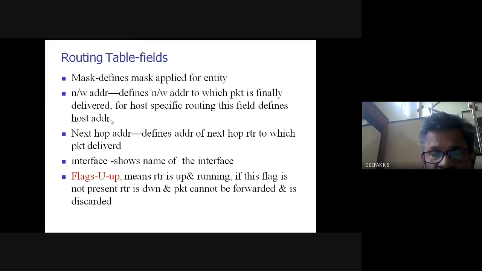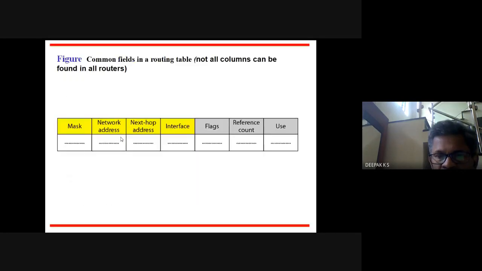Any host connected on that net ID, you send it to the router, and the router can forward it to any of the hosts in that destination network. However, sometimes we have host specific routing in which the host specific address is required, which I told you last class. So there are two types: host specific address and network address.